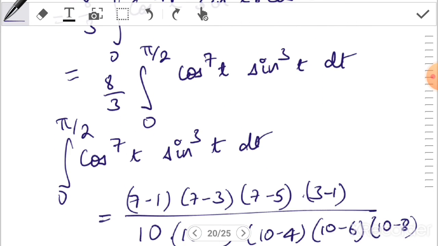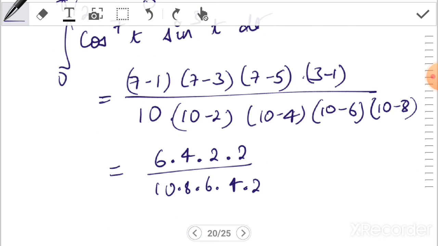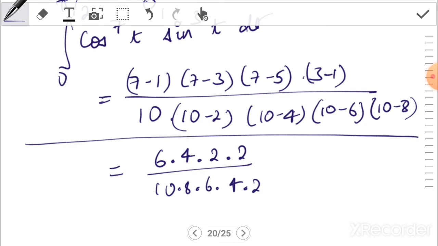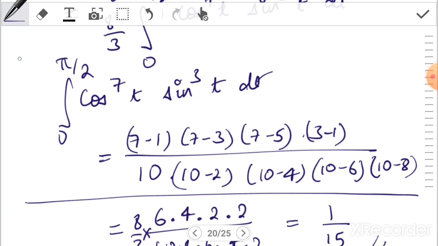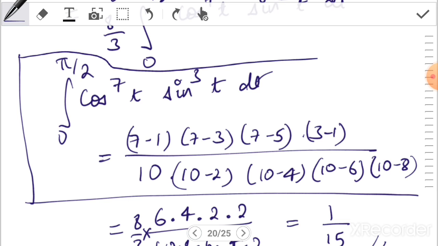To get the final result we have to multiply 8 by 3, and if you multiply 8 by 3, you will get the final result as 1 by 15. So 1 by 15 is the right answer. Okay.